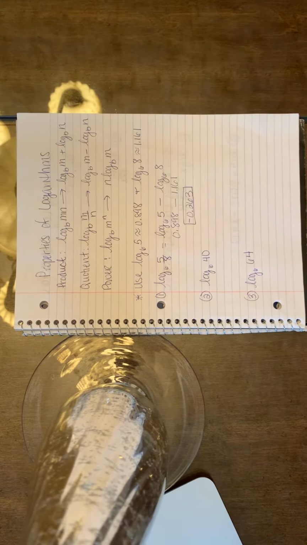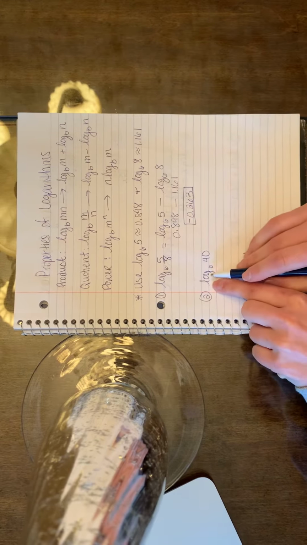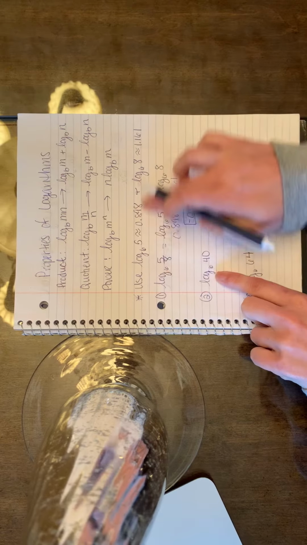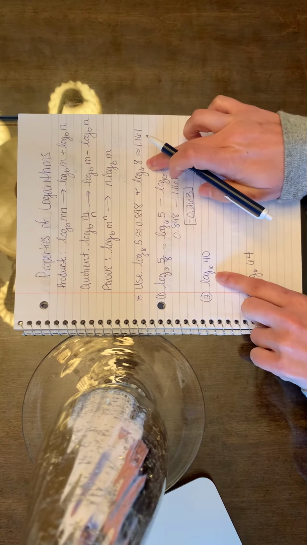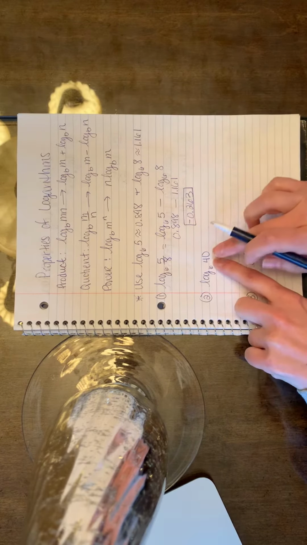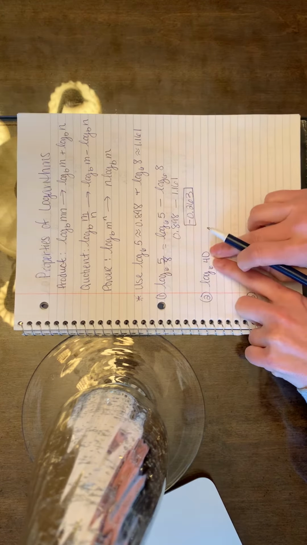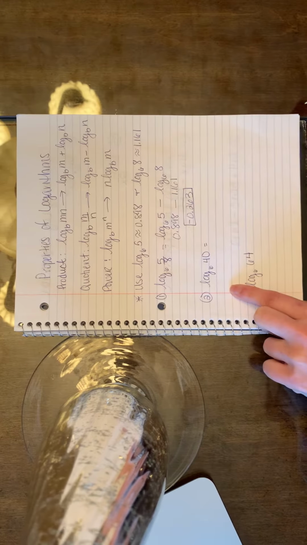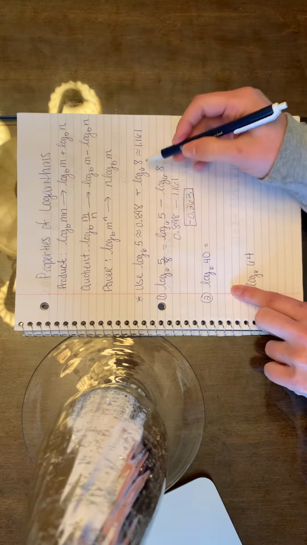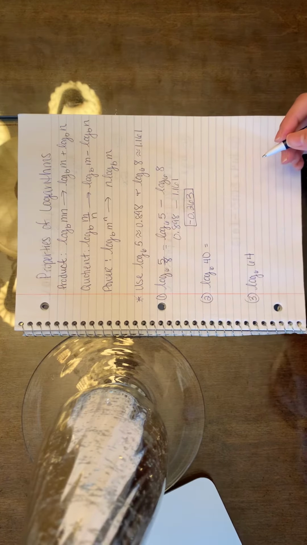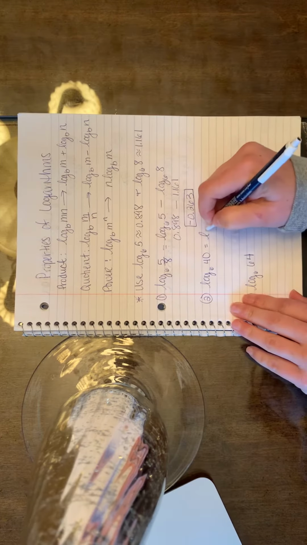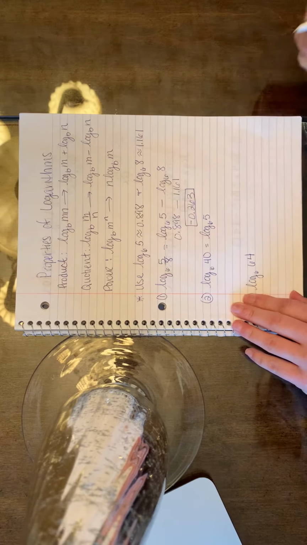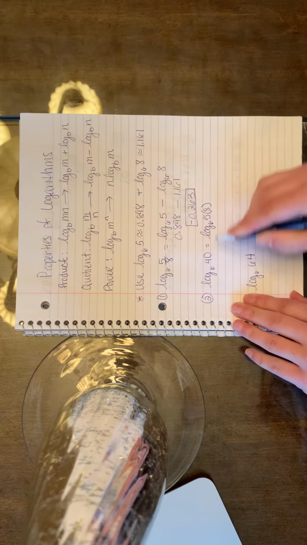Let's try another example. Now we have log base 6 of 40. For this type of example, using these numbers 5 and 8, what do we know about 40 in relation to 5 and 8? Well, 5 times 8 equals 40. So this is a multiplication problem. This is log base 6 of 5 times 8, which really equals 40.